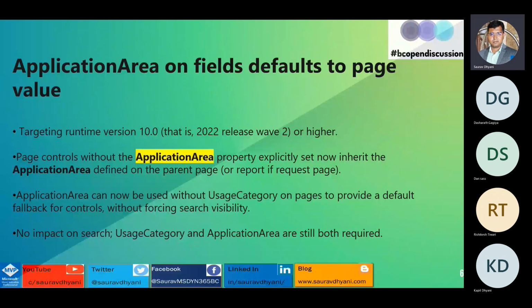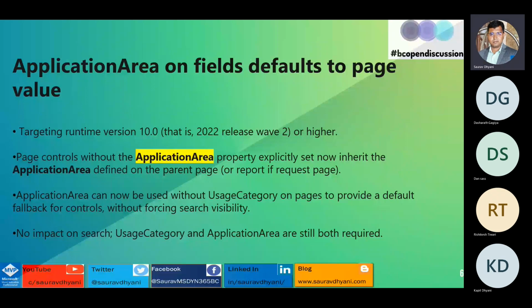It will not be mandatory going forward if your runtime version on your extension is set to 10.0. Any new field, action, or on the request page of a report, if you don't add application area, it will take the default application area of this page itself.